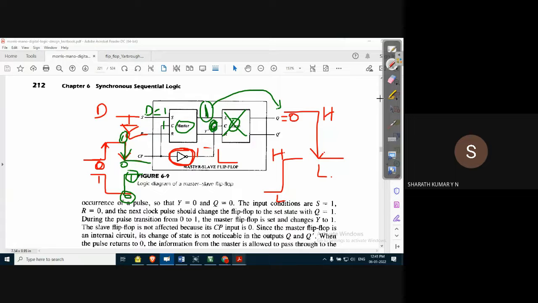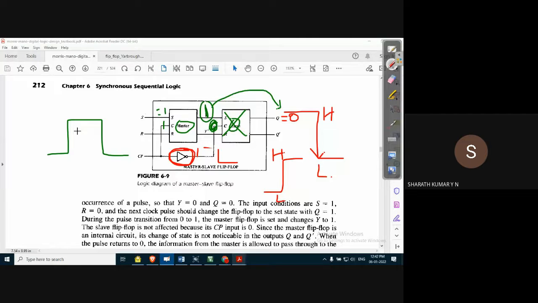To summarize this discussion, I'm taking the positive clock pulse as an example. The slave flip flop is enabled when the clock pulse is going from 0 to 1, that is the rising edge.